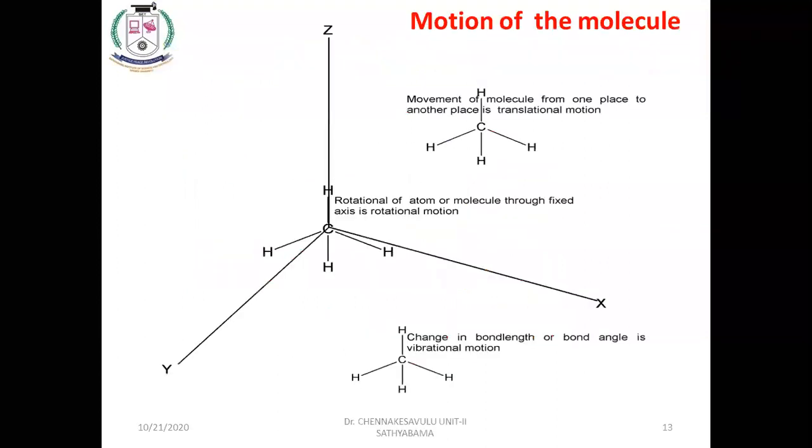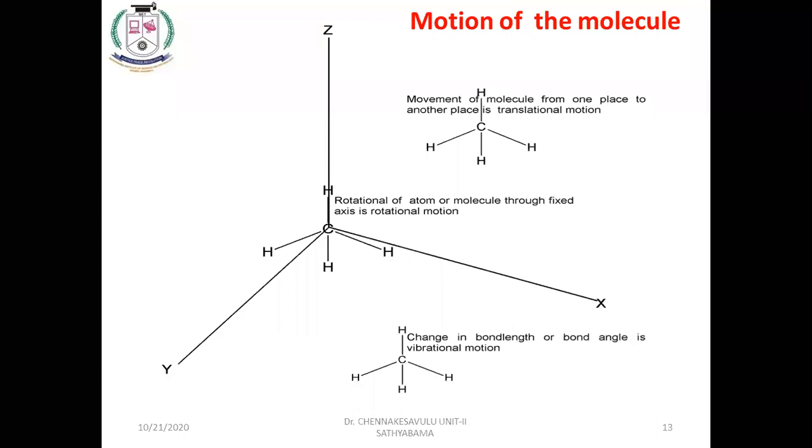How do these energy levels arise? Due to rotation, if you are rotating the molecule through a fixed axis, it requires energy, that is rotational energy. And due to translational motion, if the molecule is getting energy, that is translational energy. So mostly it is kinetic energy.